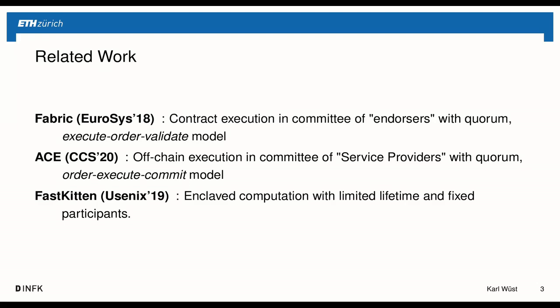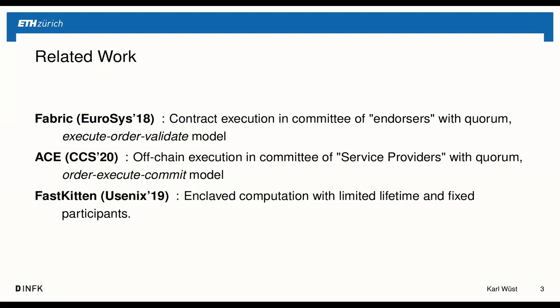So for example, this can be used for a single online poker game that has participants that are defined in the beginning of the execution of the smart contract and a well-defined ending of the contract. This is in contrast to a system like Ethereum, where a smart contract can have dynamic participants and essentially an arbitrary lifespan. In addition to this, FastKitten is not resilient against the compromise of the trusted execution environment.